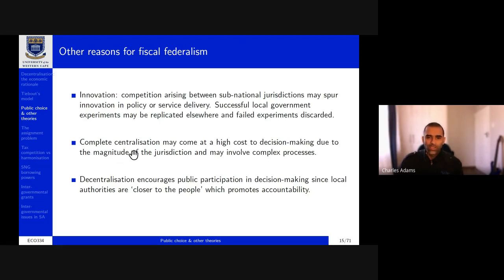Complete centralization may come at a cost to decision making due to the magnitude of jurisdiction and may involve complex processes. And this is certainly relevant in South Africa, where in the policy making process, there's a high degree of centralization. However, there's also a high degree of inclusiveness, right?